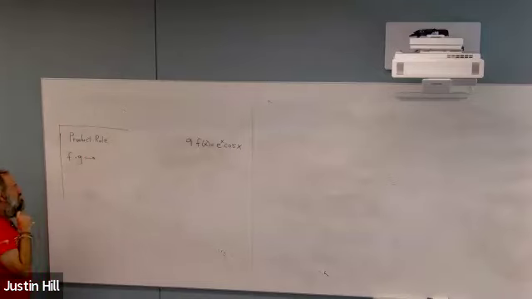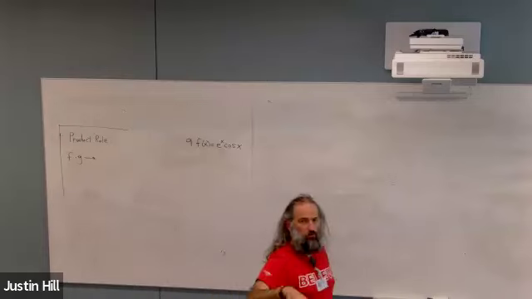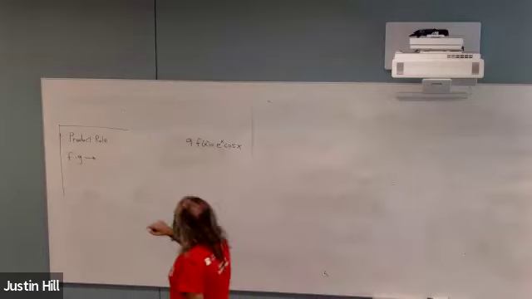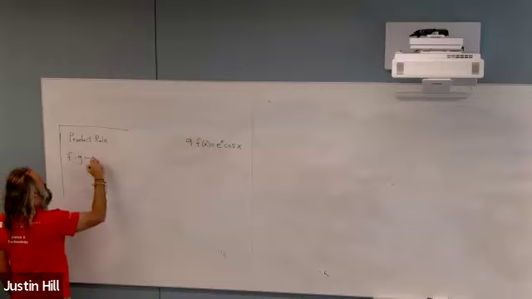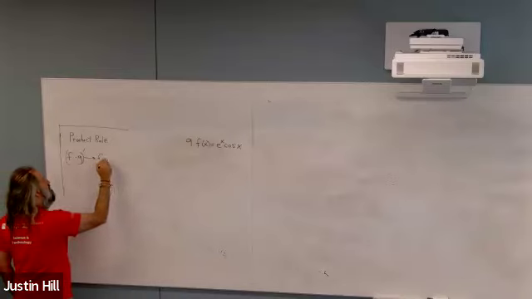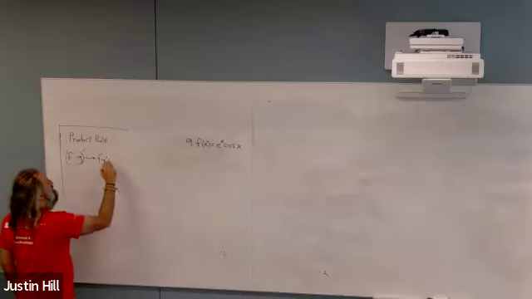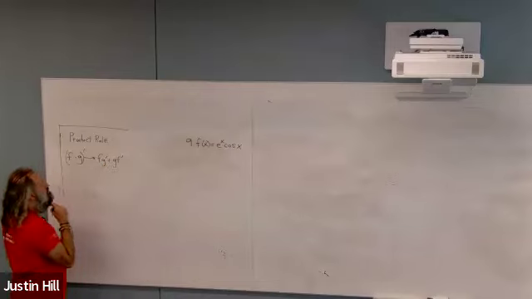Pattern for this. Like I said, with addition, it's easy. You just take the derivative of each and you move on, right? Multiplication, it's not as easy. If I've got two functions that are multiplied, the pattern is: you take the first function times the derivative of the second function, and you add to that the second function times the derivative of the first.